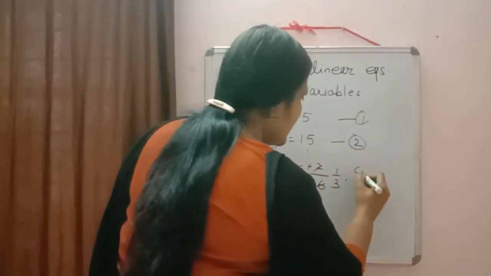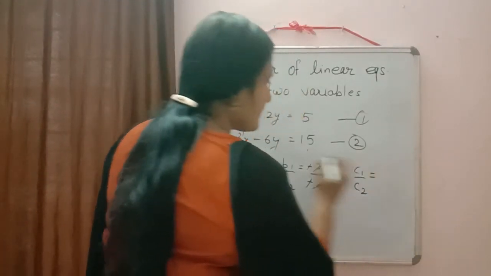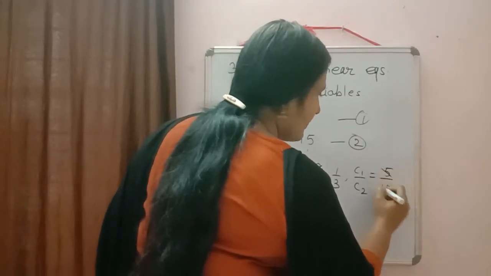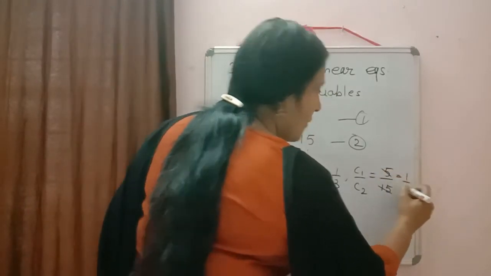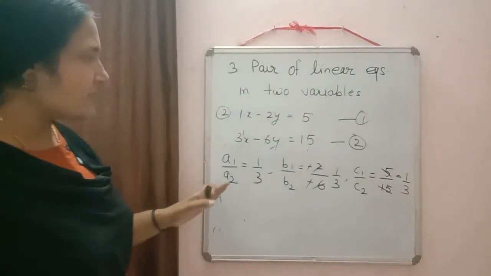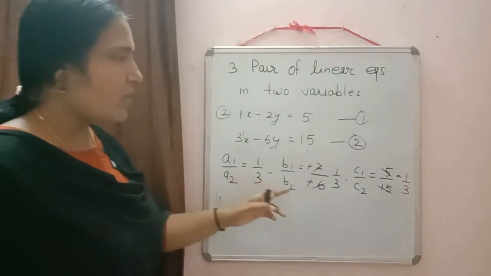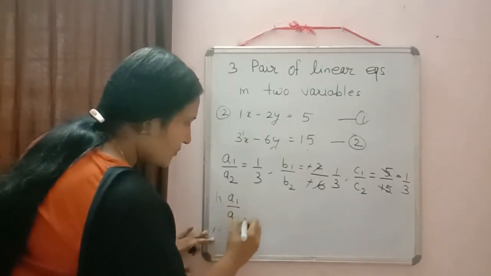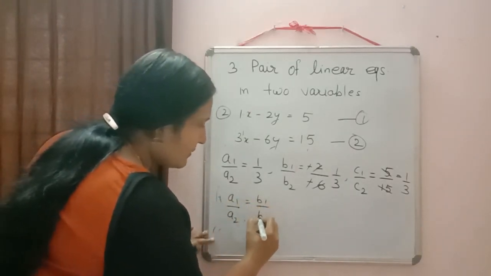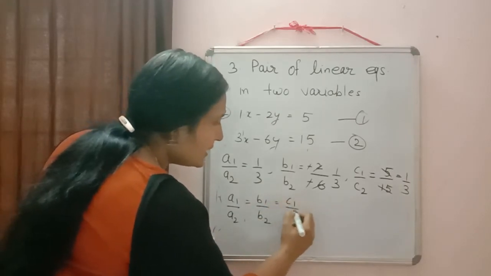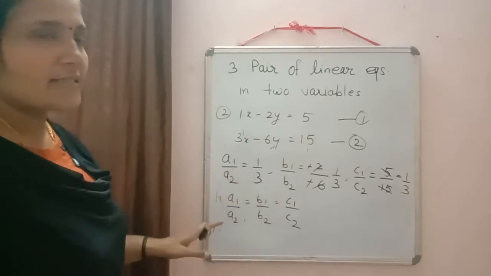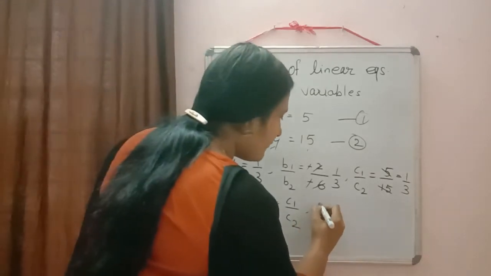Now next, C1 by C2. So what are we getting? 5 by 15. So if we cancel, what will come? 1 by 3. What is the relation which we are getting? Yes, the ratios B1 by B2 and C1 by C2 are the same. So whenever this type of case comes, which type of lines are we getting?